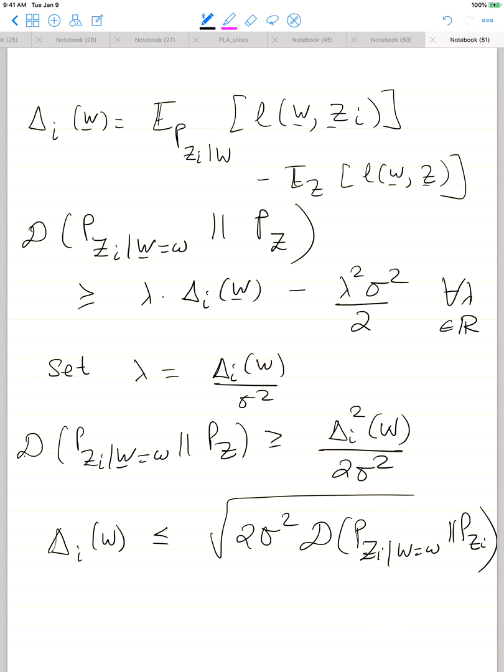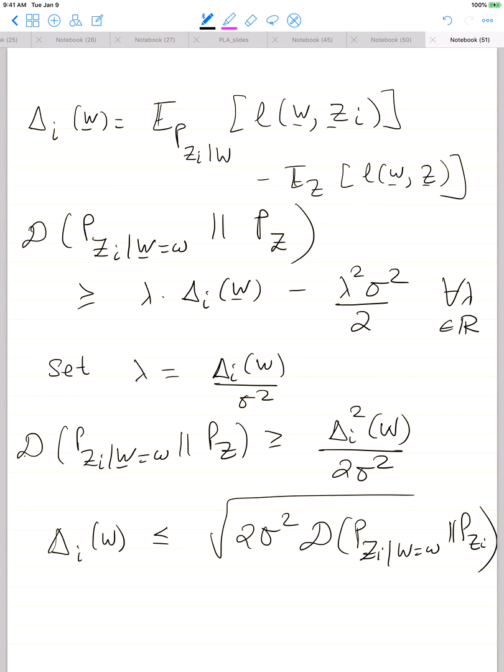So this is more or less the same steps after we define the loss function as the original proof. The only difference is we don't have sigma square by n here because we only are taking the sub-Gaussianity with respect to one Zi, not the average across the n samples. So that's the only difference. It's exactly the same steps otherwise.